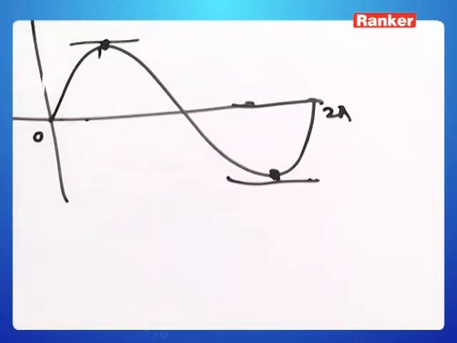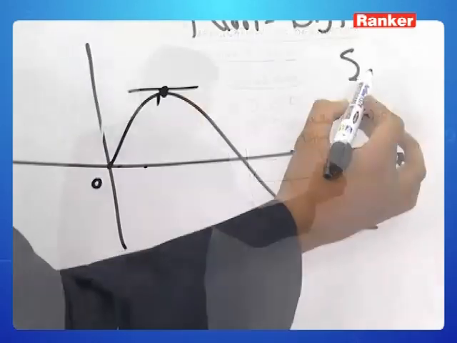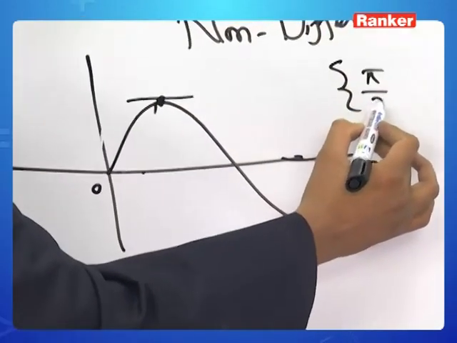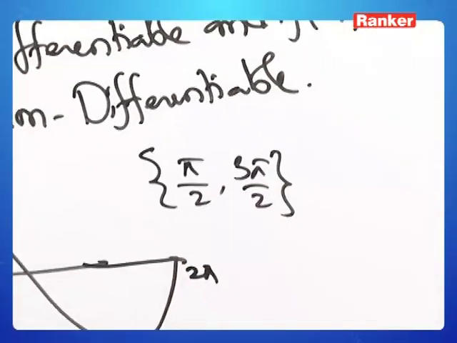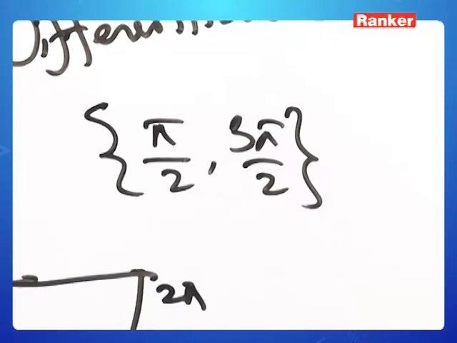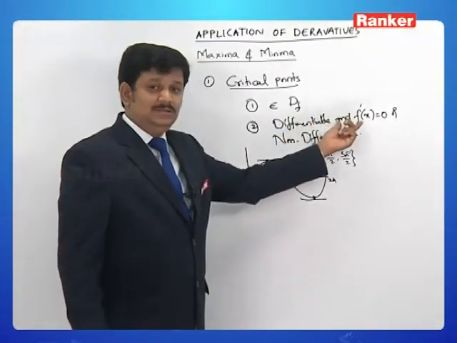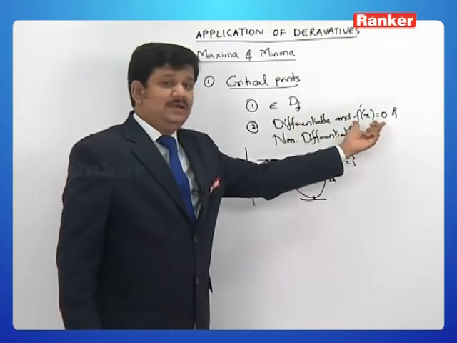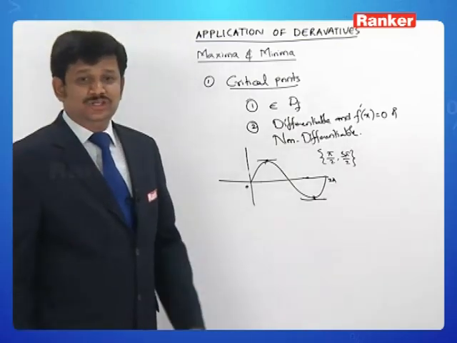So, there are only two critical points from 0 to 2 pi for the function y equal to sin x: pi by 2 and 3 pi by 2. So, to find critical points, we need to identify those points in the domain at which the function is differentiable and the derivative is equal to 0, or the function is not differentiable.